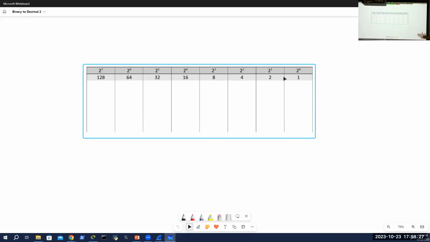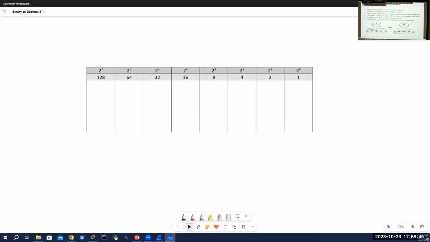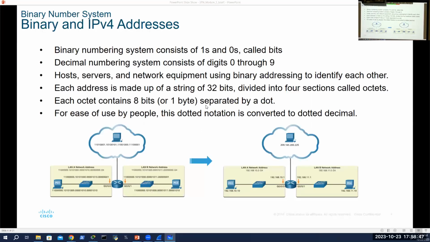Each bit represents one of those powers of 2, and that's how we convert, using a table like this, a binary number to a decimal number and vice versa. We'll be putting that back up shortly.